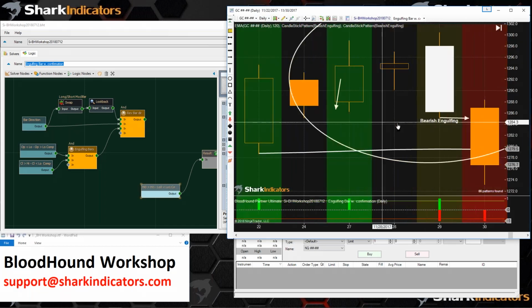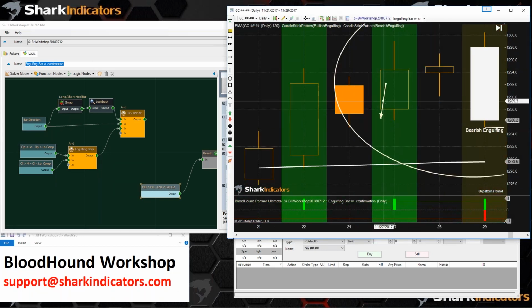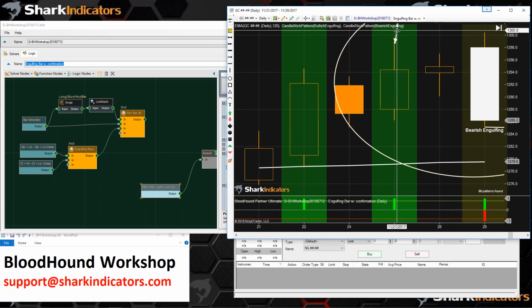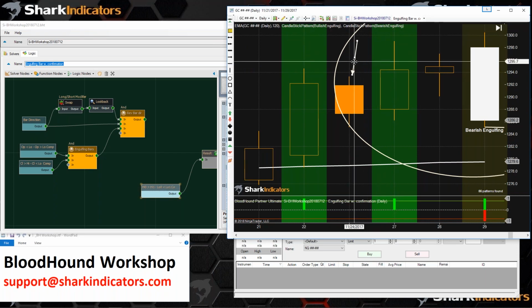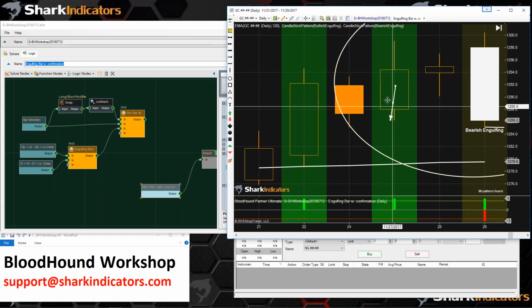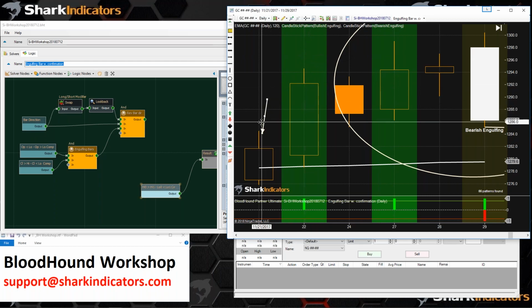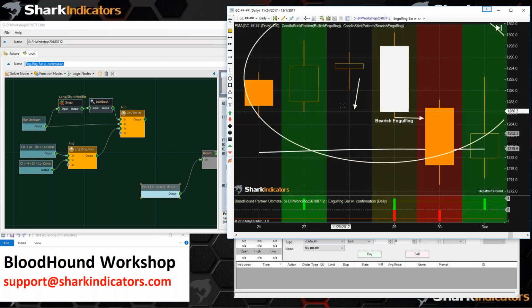If we look over here, so let's say if this was an engulfing bar, the high of the confirmation bar is higher than the engulfing bar's high. Right, so the confirmation bar is pretty simple. It's just, is the high greater than the previous bar's high, or is the low lower than.